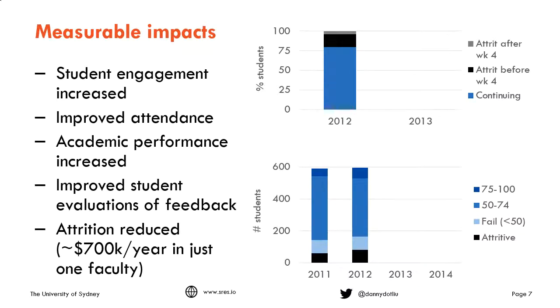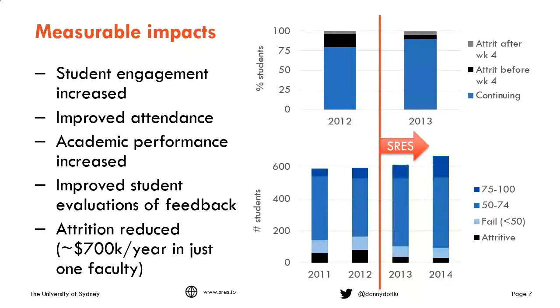This is just a couple of examples from 2 subjects where the SRES was introduced. The reason we're only showing these years is because those are the years where the subjects are most comparable, where other changes didn't really happen. So here we're seeing a reduction in attrition, a shift to higher merit grades, and also reduced failures.